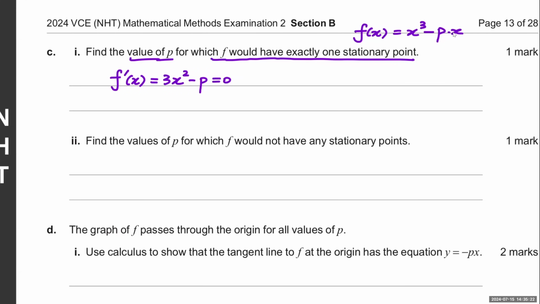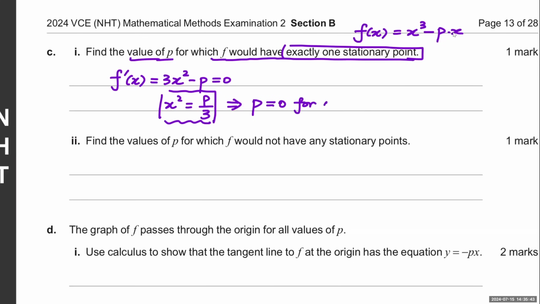For this equation to have exactly 1 solution, that means exactly 1 stationary point, I would say x squared equals p over 3. Now, if this equation were to have only 1 solution, p equals 0 for 1 solution or 1 stationary point, okay? Something like that.